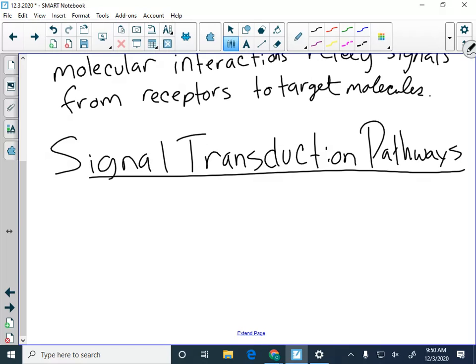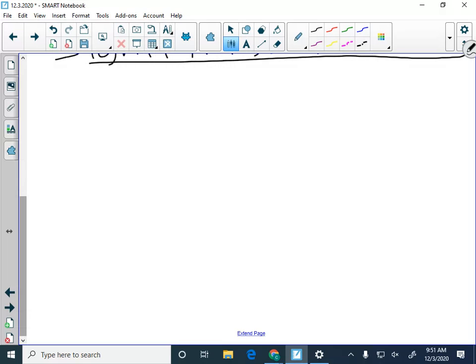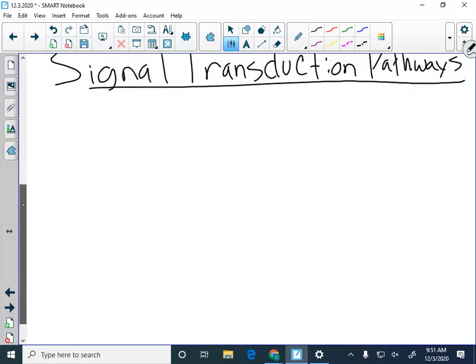All right, so in signal transduction pathways, protein-to-protein interactions are a major theme of cell signaling. We use a lot of proteins.